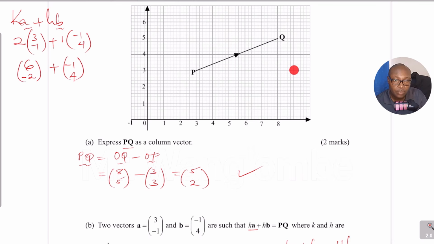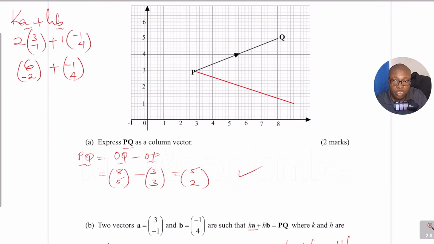And then -2 means 2 steps downwards. 1, 2. So that is the position. Let me represent this by accurate drawing.